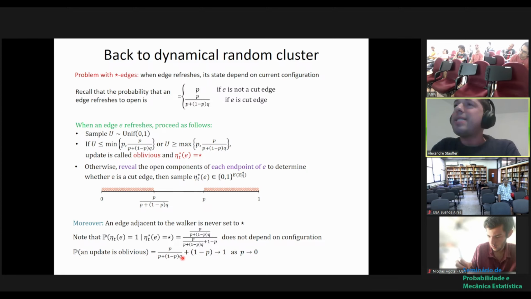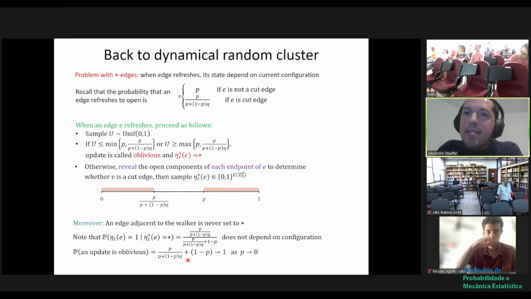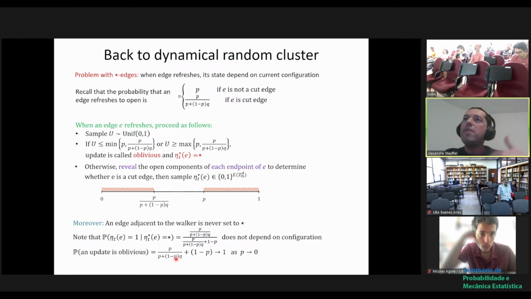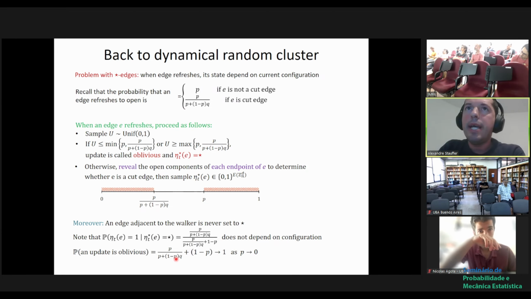One place where we use p being small enough is that this probability goes to 1 as p goes to 0. 1 minus p is going to 1, and this term to the left is going to 0. So essentially, our environment for small p is a perturbation of dynamical percolation, but a perturbation that has unbounded dependence. Okay. So that's how we're implementing the star edge.